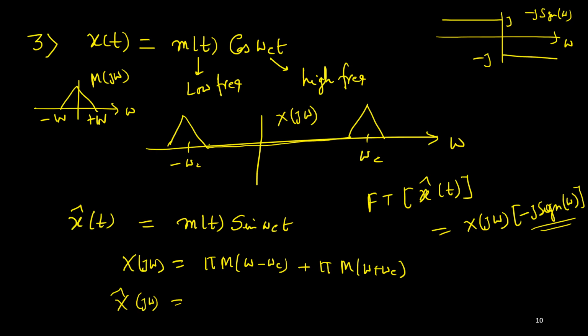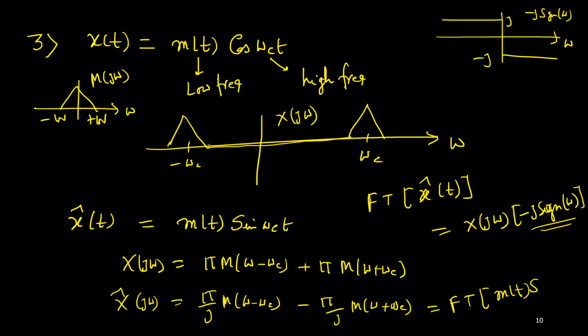So 1 upon j is multiplied. So pi by j, and it is M of omega minus omega_c, and sign of omega is 1. Fine. And for this one, it is the negative side. So this is minus, because sign omega is minus 1, and by j, it is M of omega plus omega_c. And you see this spectrum, you will get this pi by j multiplied with a minus sign. It is same as the Fourier transform of m(t) sine omega_c t. Right? So it's very easy.